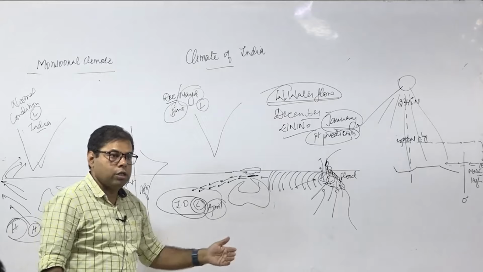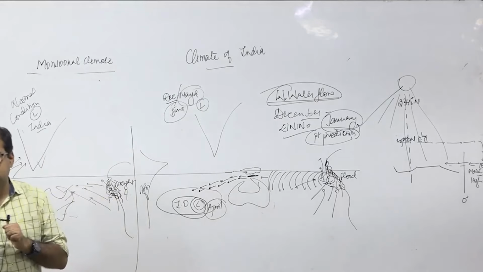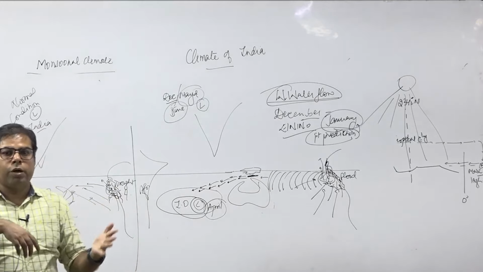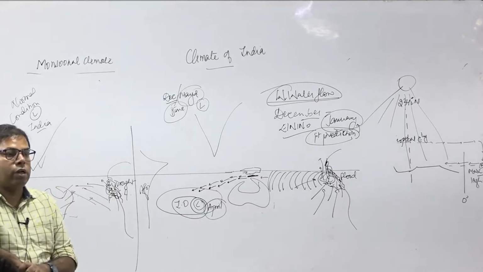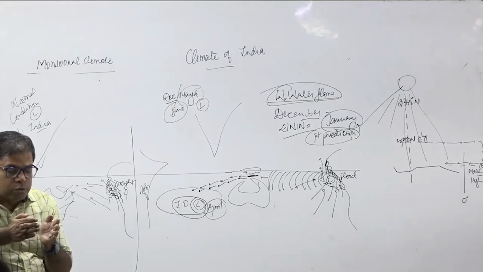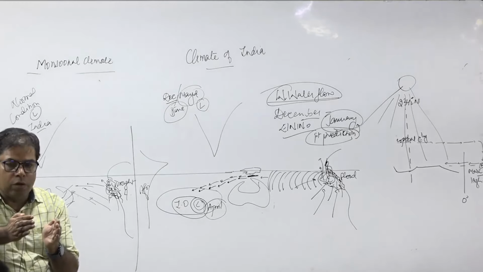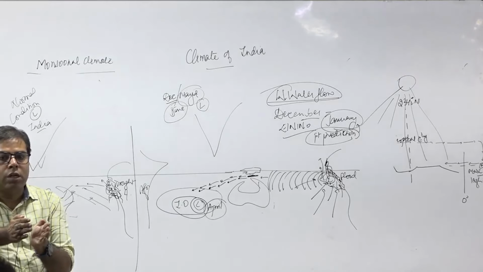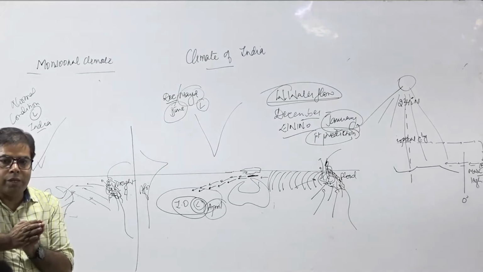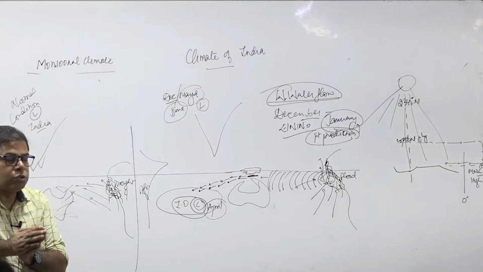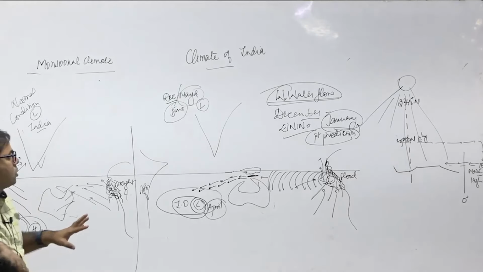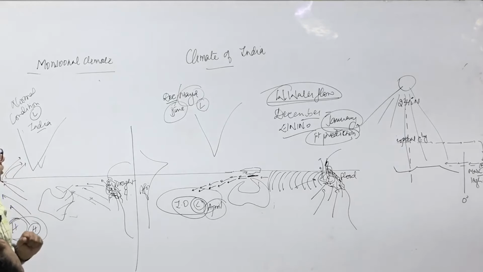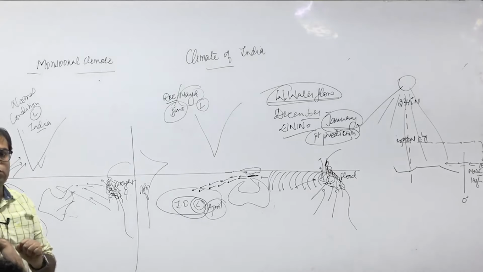They reach late, so they precipitate less, and it is time for the monsoon wind to go back to the southern hemisphere. So, the period of rainfall reduces, and that is not sufficient for meeting the demand of the monsoon in India, because our whole economic system is dependent on the monsoon.